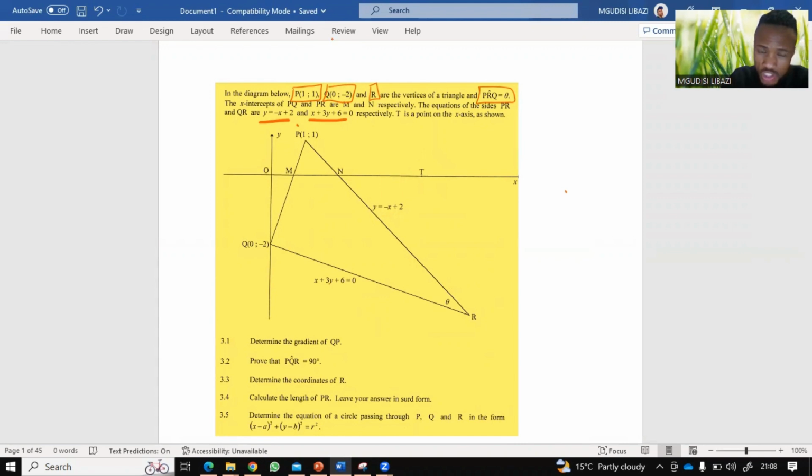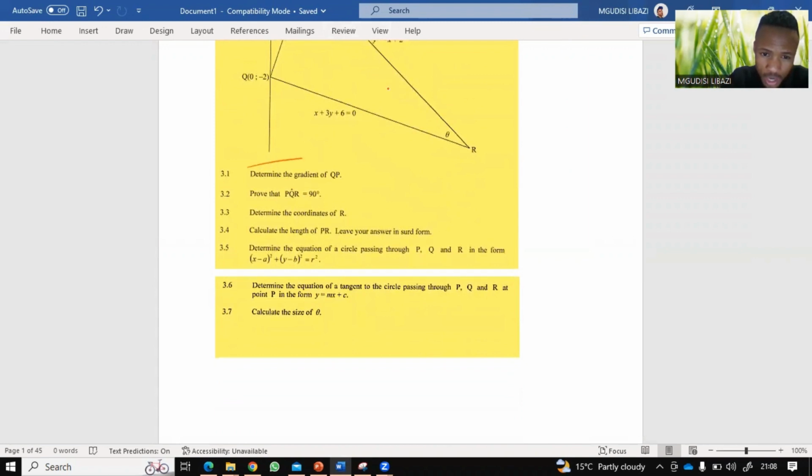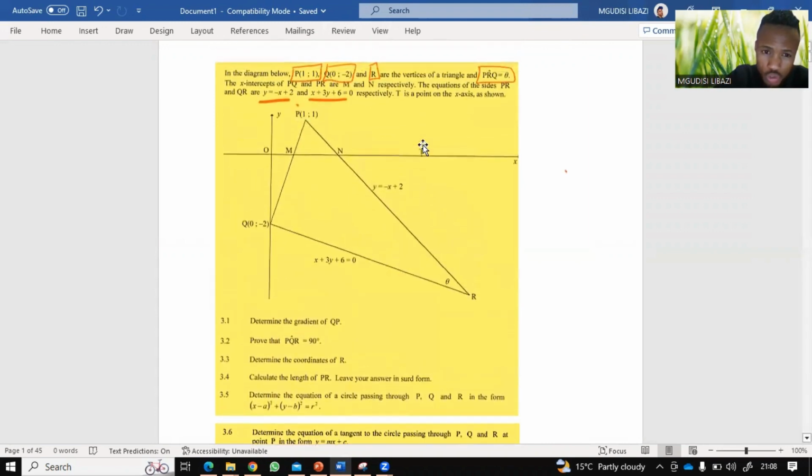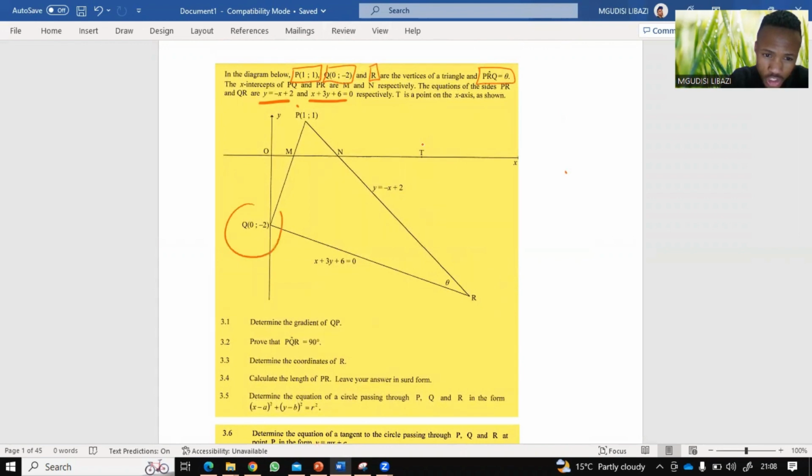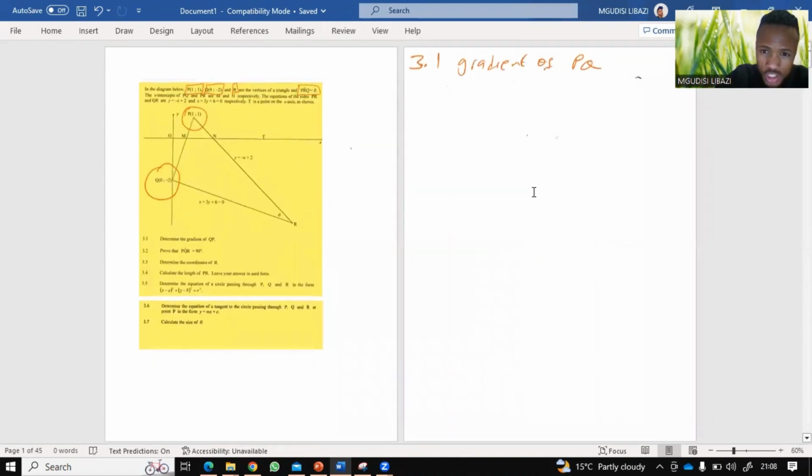Now question 3.1 says determine the gradient of the line PQ. To determine the gradient, we have the points P and Q, so those are the points we want the gradient from. The gradient is represented by m, which is (y2 - y1) over (x2 - x1).